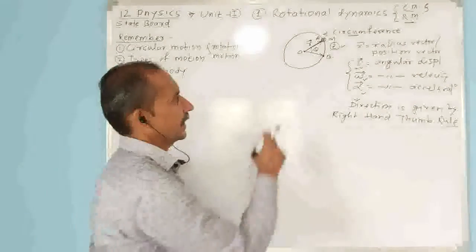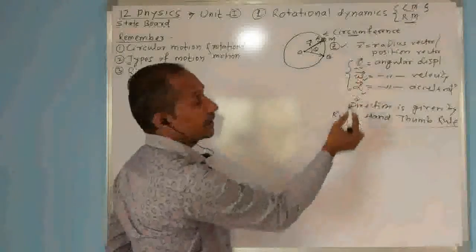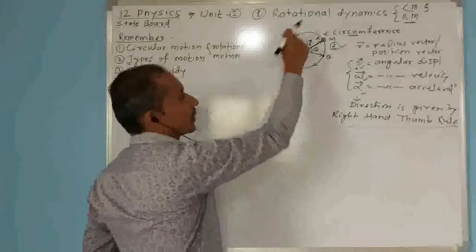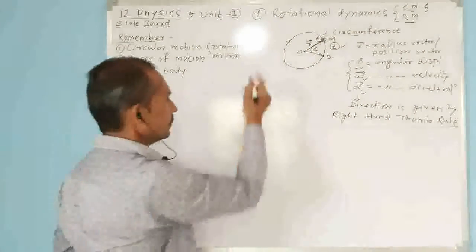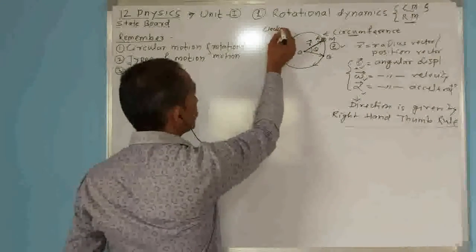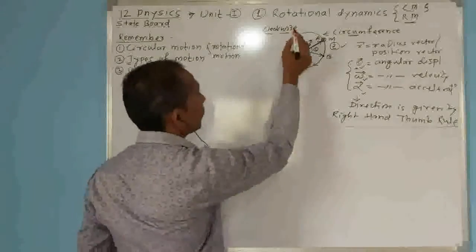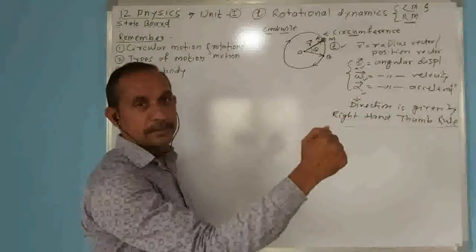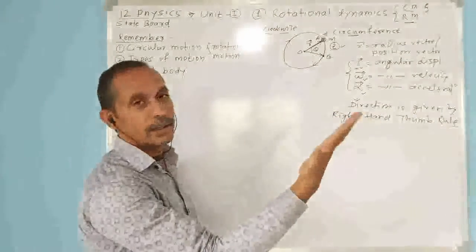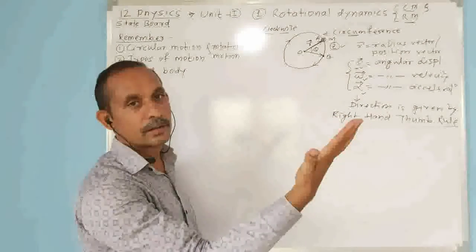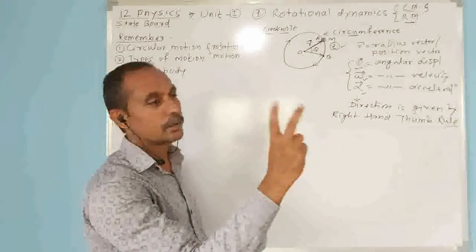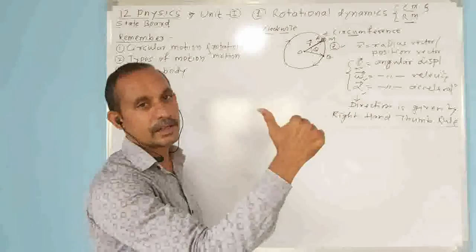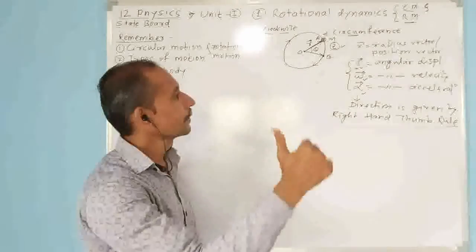To decide the directions of these physical quantities, let us consider circular motion in clockwise steps. Now take the right hand. There are five fingers. Divide these five fingers into two groups: the first four, and the remaining one.